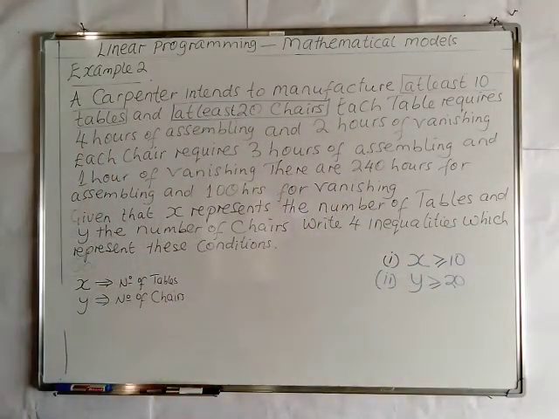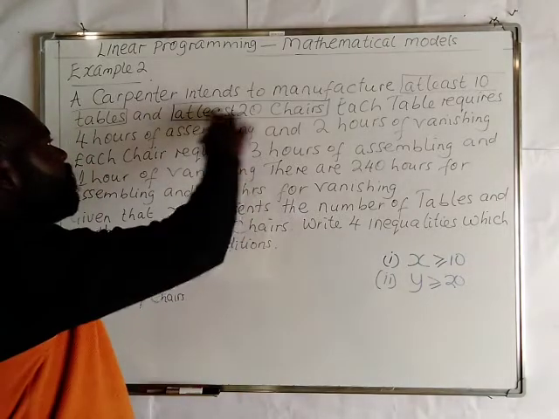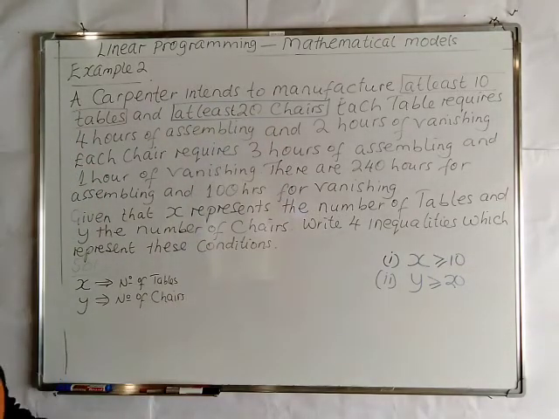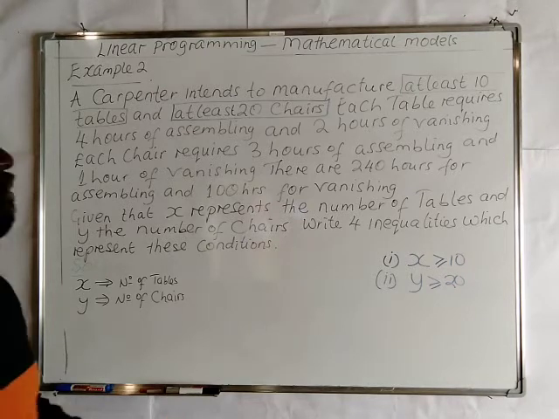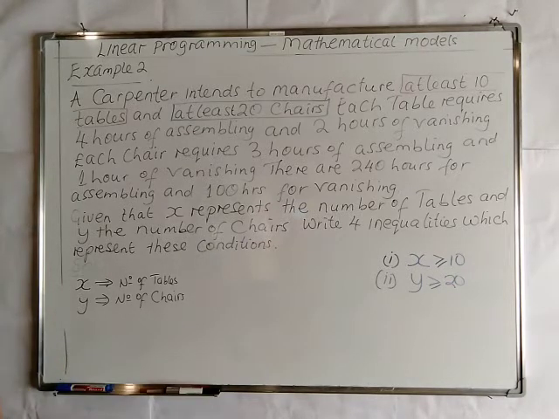So the second inequality will come from at least 20 chairs, and the first inequality came from at least 10 tables. So we have 2 inequalities for a start. Let's see where the next 2 inequalities are going to come from.